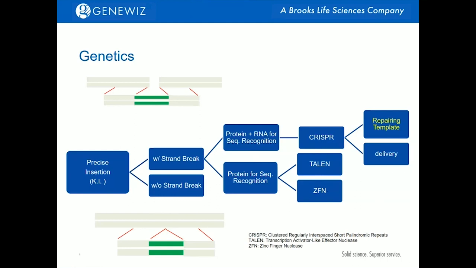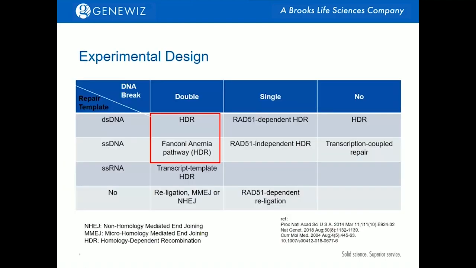Once we decide on the CRISPR system to generate a precise double-strand break, we still need to decide how we deliver those components and what form of template to use for repair. As you can see in this table, there are several ways to manipulate your target region, from no DNA break, single nick, to double-strand break.